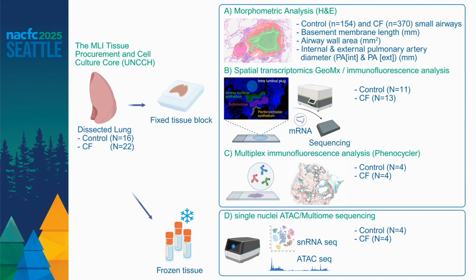From these inventories, we did a morphometric analysis of small airway samples, 150 controls and 370 CF. We checked the basement membrane lengths to estimate the airway size, and also checked the submucosal areas and the corresponding pulmonary artery internal and external diameter sizes.